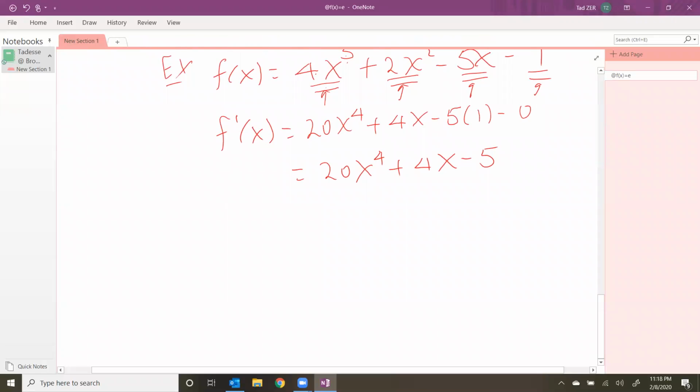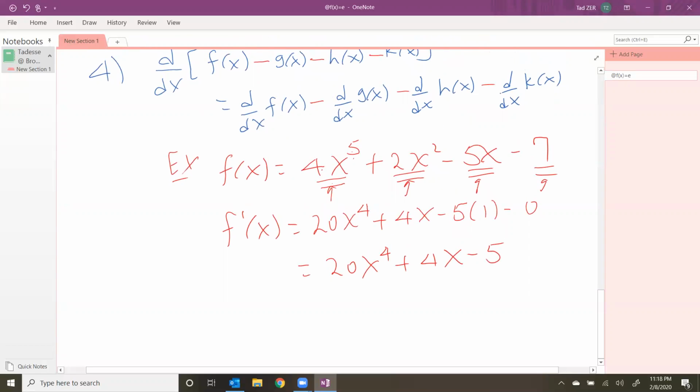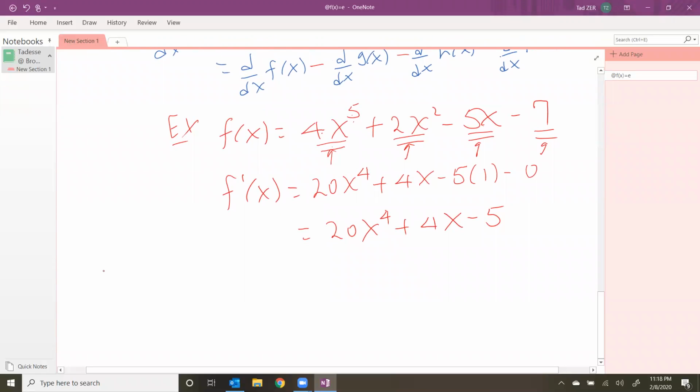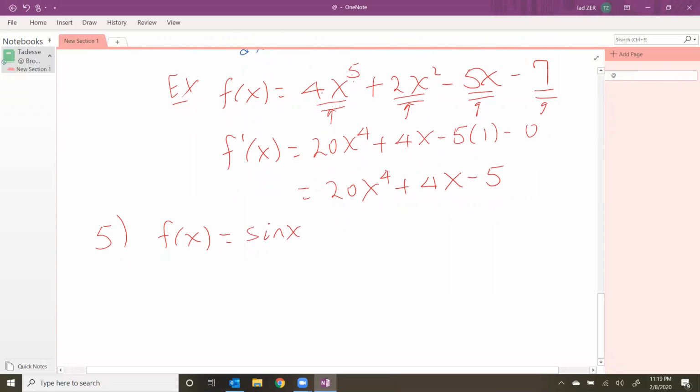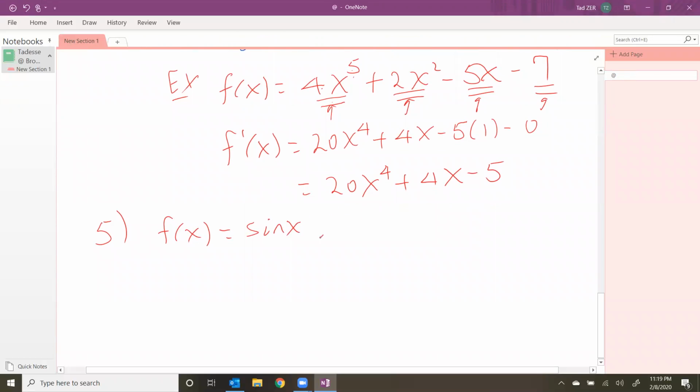So another basic differentiation will be the derivative of trigonometric and exponential functions. If you have f of x equals sine of x, this is called a trigonometric function. The derivative becomes what?